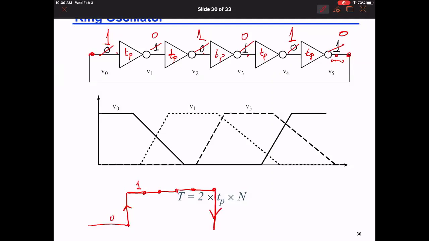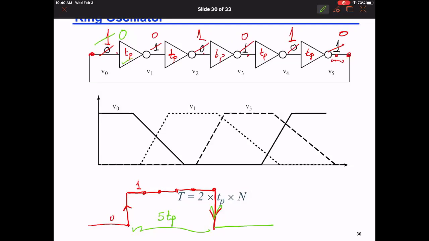So this node now became a 0. So I went down and returned to 0. How much time did it take me? 5 TP, the number of stages of the inverters that I can see here, right? So 5 TP.